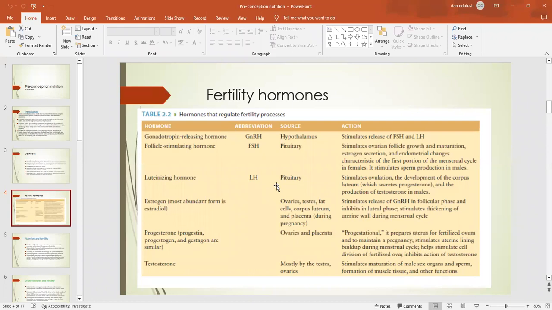So very high supplies of these lipids will also lead to overproduction of several of these hormones, producing effects that lead to infertility. The functions of the rest of the hormones are clearly stated here, and where they are produced, and how they affect either male or female fertility processes.